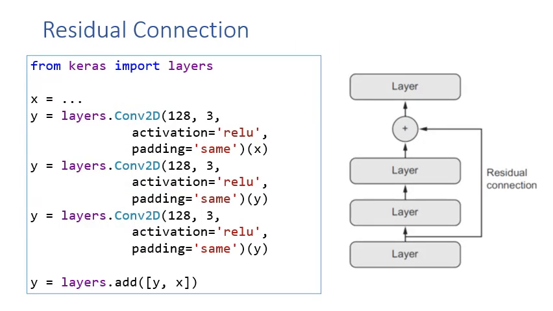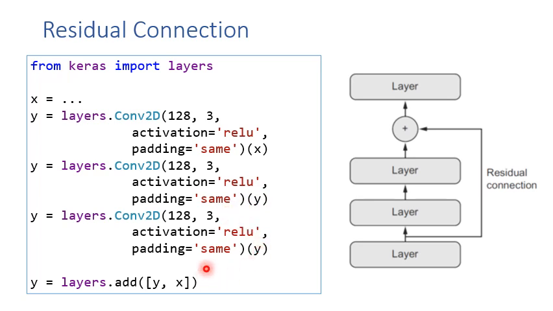The residual connection may be the most important feature of modern deep learning networks. Actually, using the Keras API, it is very easy to implement the residual connection. First we have an input tensor X, and X can go through multiple convolution layers or other neural network layers.